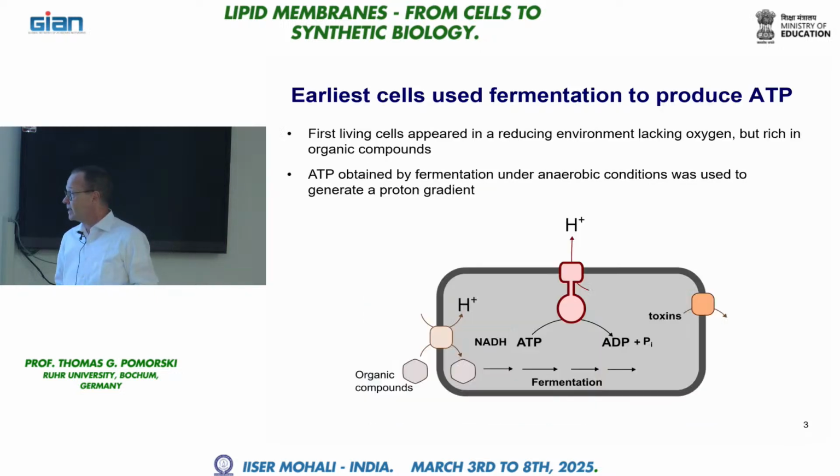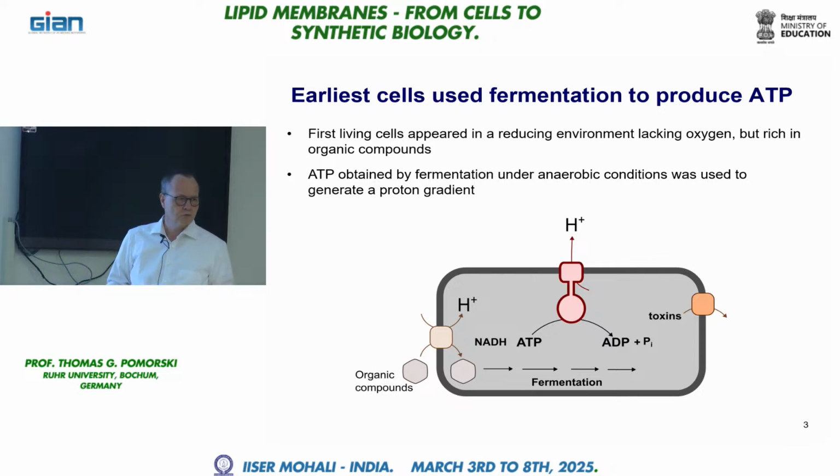But life started, and maybe the very first cells would have had this type of membrane that we discussed, not necessarily a bilayer with two independent lipid layers, but maybe these lipids where the tails are connected, these very strange lipids that we call bolaform lipids. And what would this organism need to live?